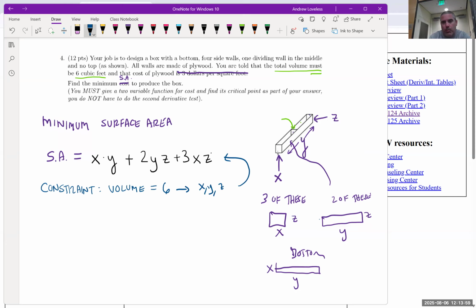So we have to think about what the total volume of this box would be. Imagine the wall in the middle is very thin. It doesn't affect the volume in any way. And we have a box that looks like this.